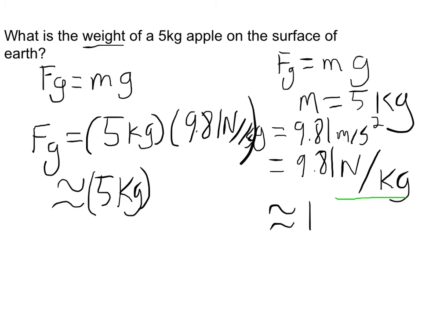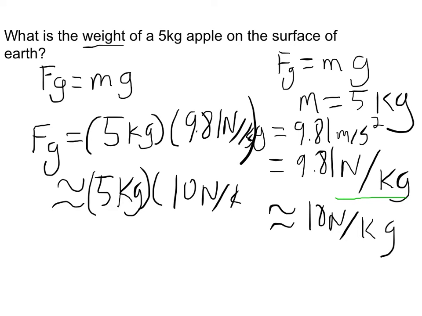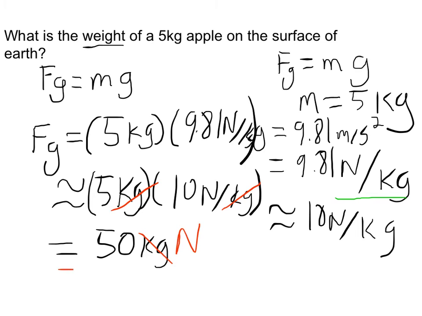So gravity is about 10 newtons per kilogram. 5 kilograms times 10 newtons per kilogram, which is 50 kilograms. Whoa, not 50 kilograms. Look what I did there. Messed up my units. So what should have happened, kilograms cancel with kilograms and we get newtons. So the weight of a 5 kilogram apple is 50 newtons. Ready for the next example on the next slide.